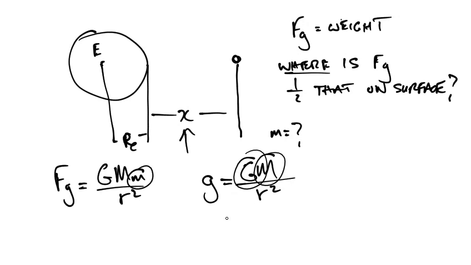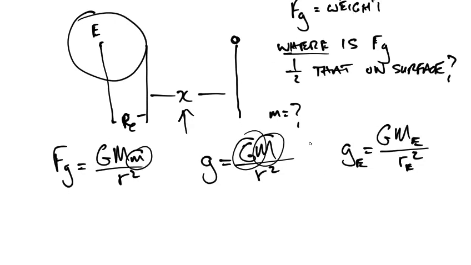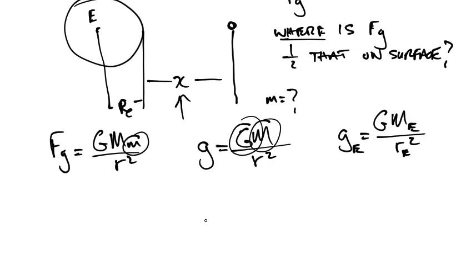Okay? Question. What is the gravitational field strength on the Earth's surface? That's just equal to G, mass of the Earth, divided by the radius of the Earth squared. Now, we all know, by the way, that this equals 9.8, but that's not really important here. What is important is what coefficient do we multiply the radius, which obviously is the only thing we could change, such that we get 1/2.